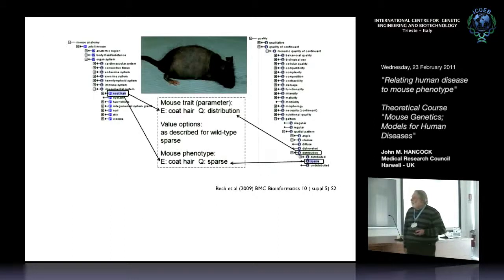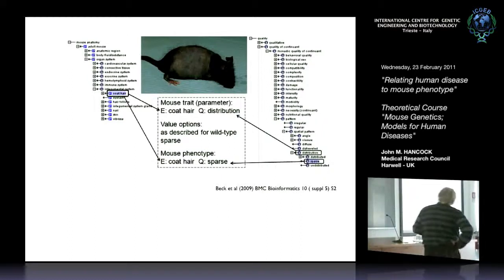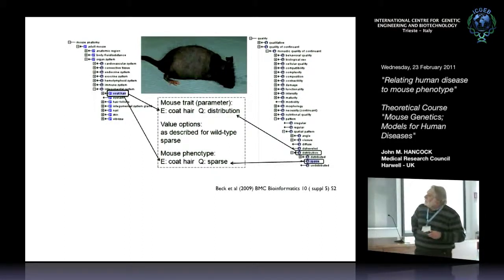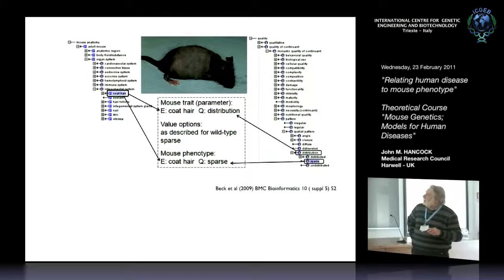And we've actually been experimenting with using this in the Europhenome database. So the idea is that for that mouse, which I don't think you can see actually at this resolution, it's got sparse coat hair. And so what you do is you combine something in the mouse anatomy, mouse coat hair, with a concept which is distribution, and by combining coat hair and distribution, you get a trait.